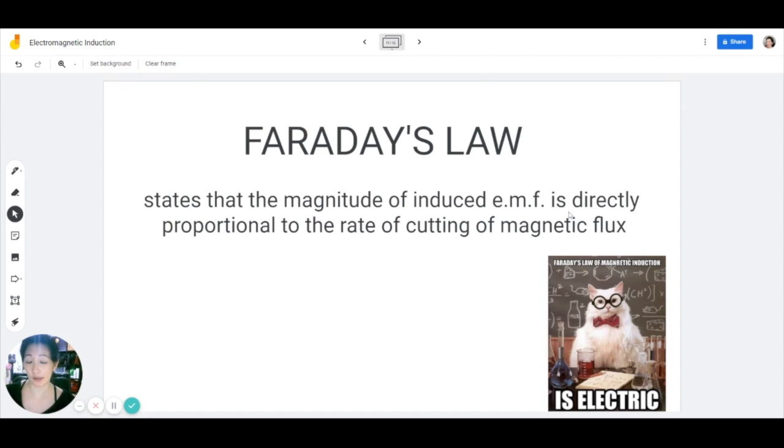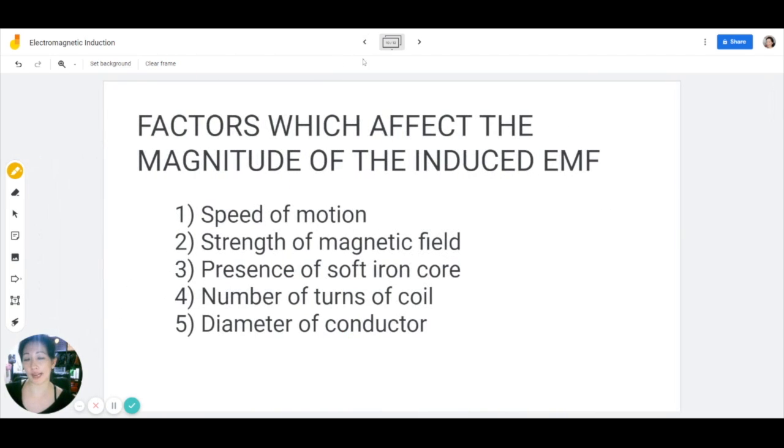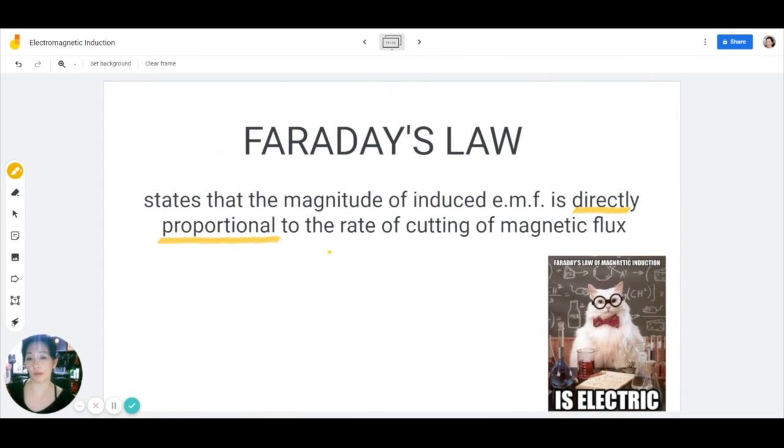All you need to know is that yes, there is a formula. That's why the relationship of directly proportional is given here, based on what Faraday had discovered.